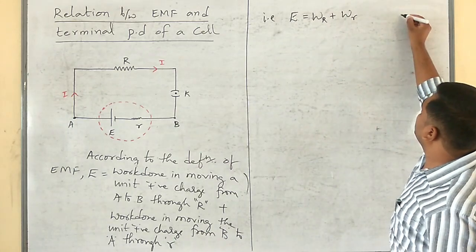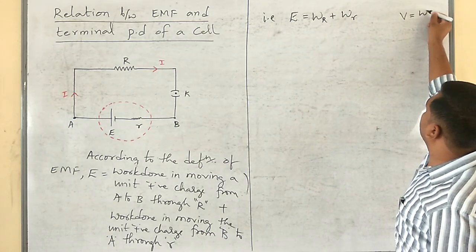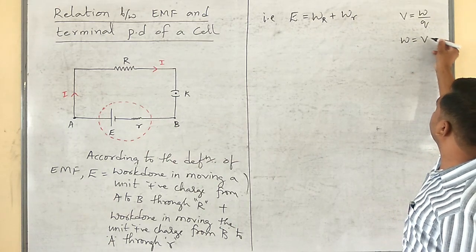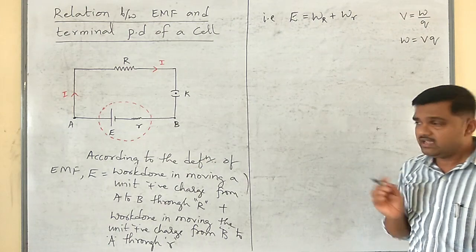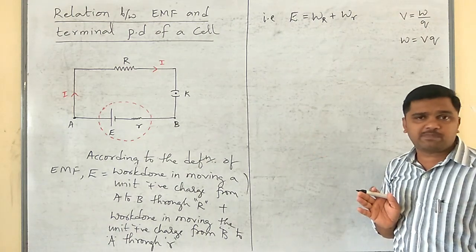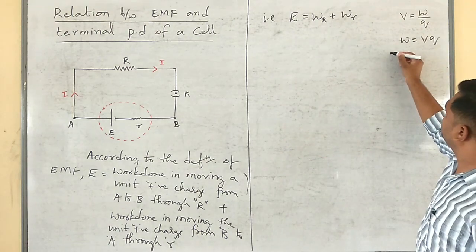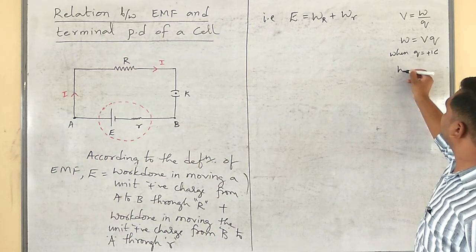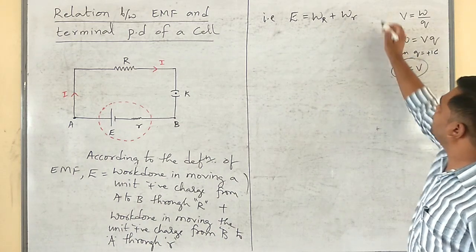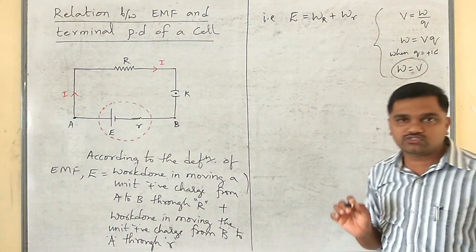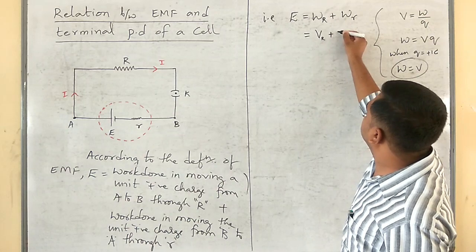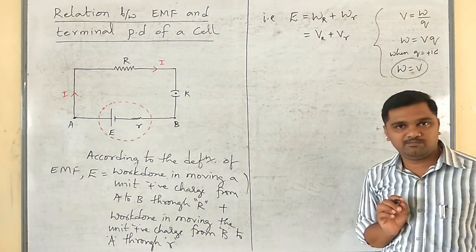We have the formula: electric potential is equal to work done divided by charge. Therefore work done is equal to V into Q. Here we are using unit positive charge, hence when Q is equal to plus 1 coulomb, W will be V. So it is simply V_R plus V_r.